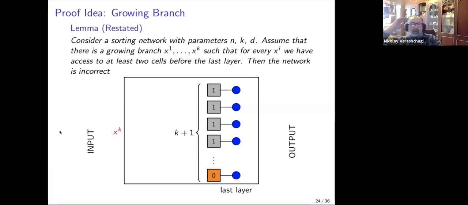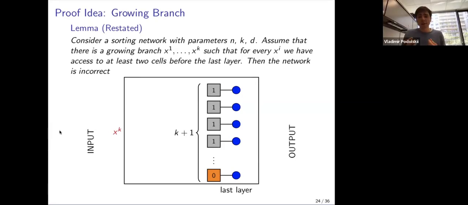Why do you claim that you lose access to one of the cells when you increase i? All right. So I have access to exactly 2 cells. That's my assumption, which I made just to simplify the proof.